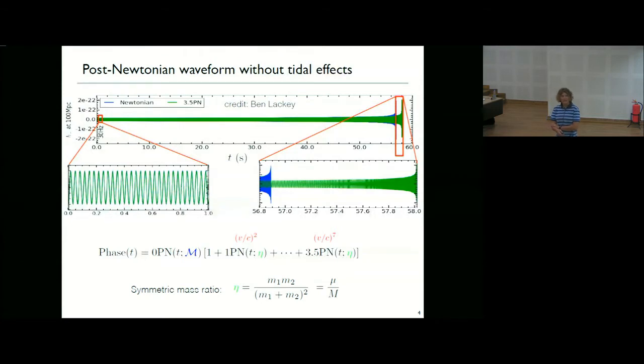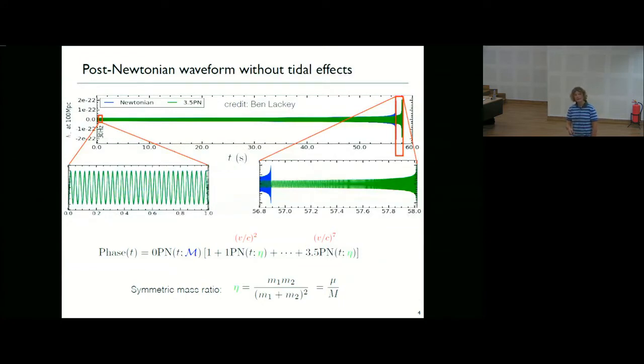We can write the phase as a function of t always like this: a leading order term that depends just on the chirp mass, and then these post-Newtonian corrections, which all come with different powers of the frequency, or equivalently the velocity that the binary is orbiting at. You see the first post-Newtonian corrections are of order (v/c)^2, so they become important only when the velocity is close to the speed of light.